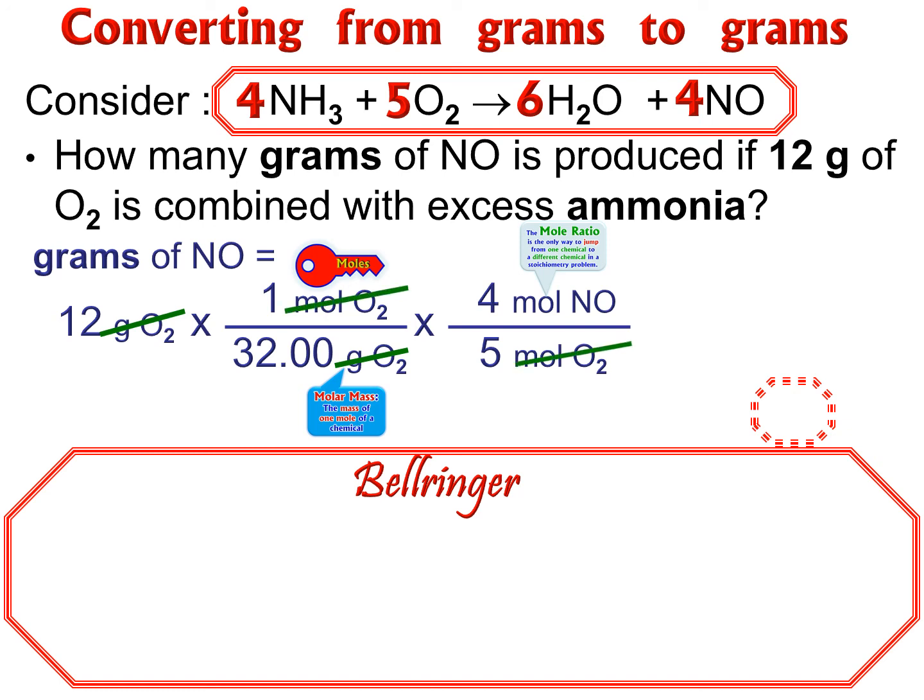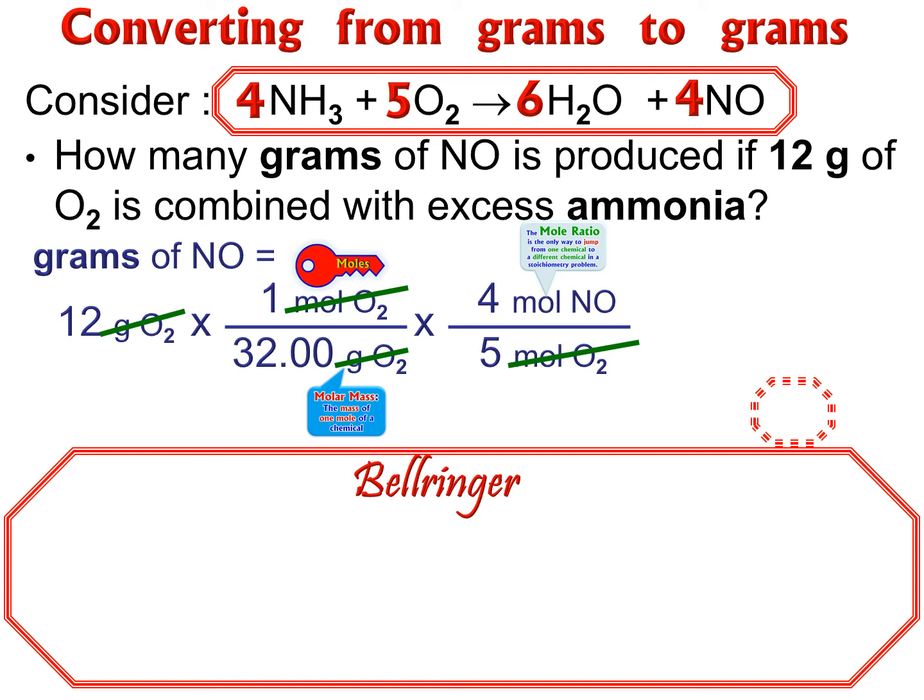And then what's going to cancel? Moles of oxygen. So now I've got the moles of the correct chemical. Now I've got to get from moles to grams. How do you get from moles to grams? Molar mass. The molar mass of nitric oxide is pretty easy. There's not even any subscripts except for invisible ones. So you've got one nitrogen and one oxygen. So just add the 16.00 from oxygen to the 14.01 from nitrogen, and you get 30.01.